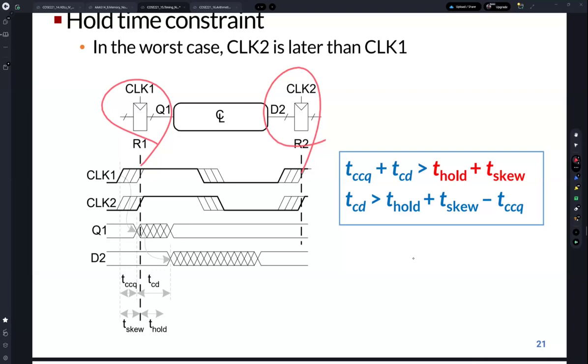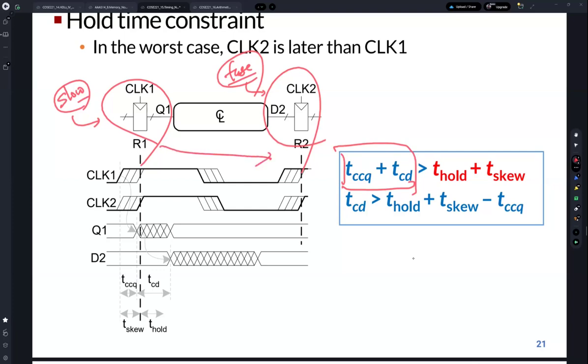It's different, right? What's the worst case when we consider the hold time constraint? This is slow, so the clock arrives at R1 slowly, and the clock arrives at R2 quickly. So fast, right? When you consider the hold time constraint, this TCCQ and TCD is the minimum delay of this path, right?